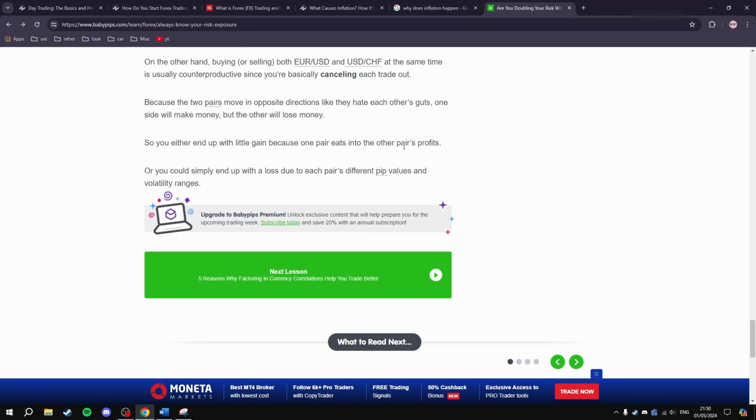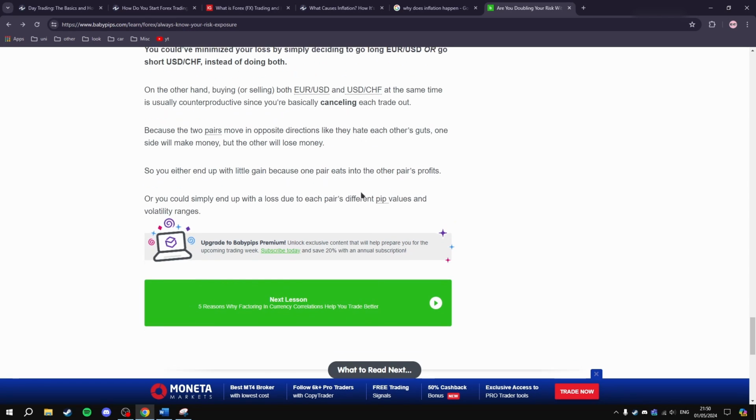So you either end up with little gain because one pair offsets the other pair's profits, or you could simply end up with a loss due to each pair's different pip values and volatility ranges.